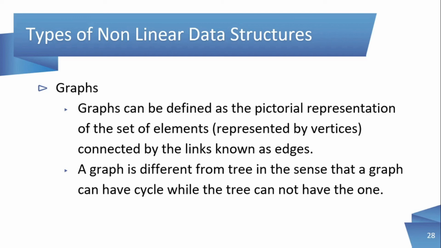A graph is a nonlinear data structure that has a finite number of vertices and edges. These edges are used to connect the vertices. The vertices are used to store the data elements, while the edges represent the relationship between the vertices.